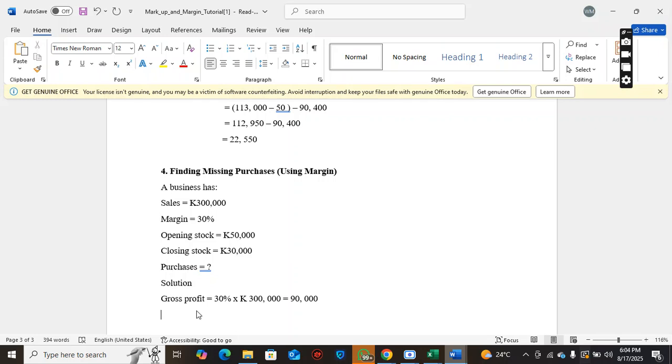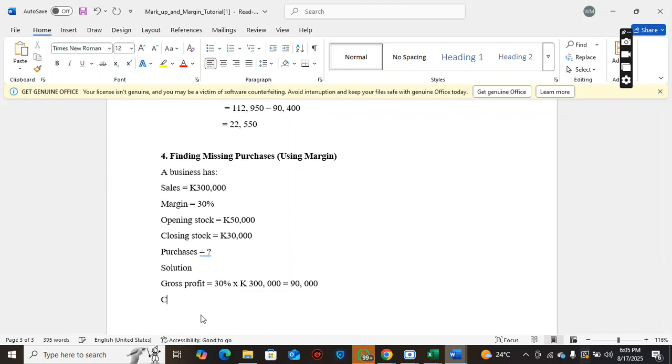Remember, cost of goods sold is opening stock plus purchases minus closing stock. Sorry, not this formula here, we're using this one.